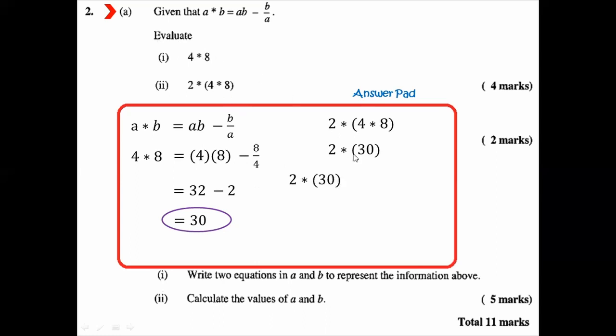So we use that same formula, ab, which is 2 times 30 in this case, and then the b value, which is 30, divided by 2. 2 times 30 is 60, and 2 into 30 goes 15. And our answer now is 45 for our 4 marks.